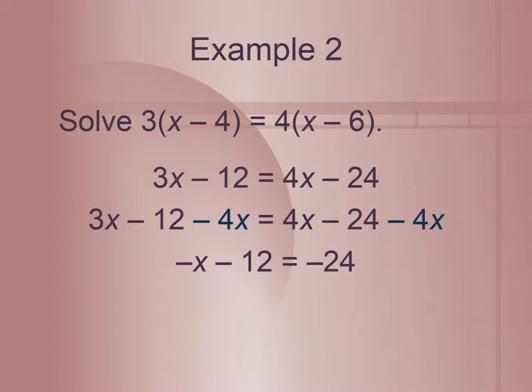On the right-hand side, 4x minus 4x cancels, leaving me just negative 24. Now when I solve for x, I have to add 12 to both sides. Negative 24 plus 12 is negative 12. So I have negative x equals negative 12. I divide both sides by negative 1, and I get x is equal to 12.